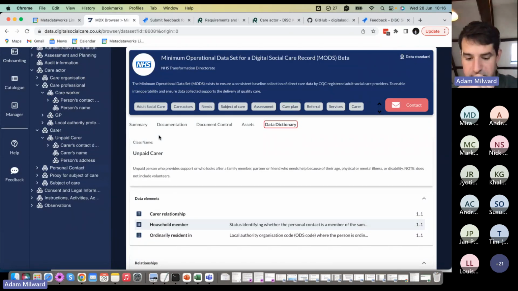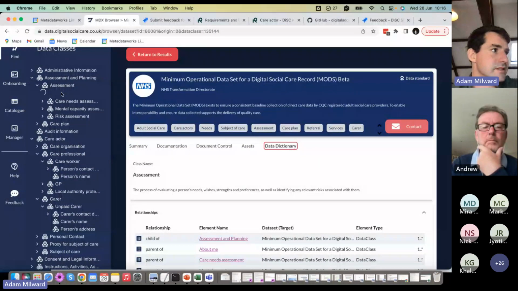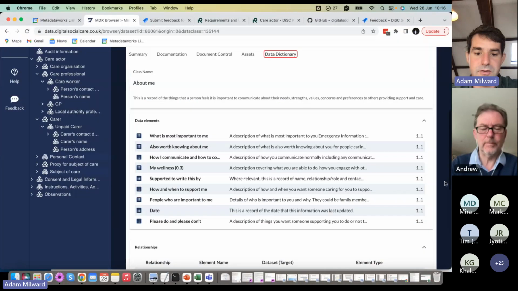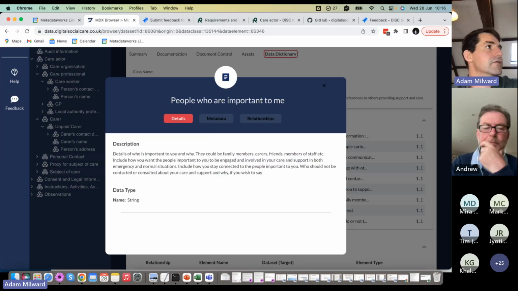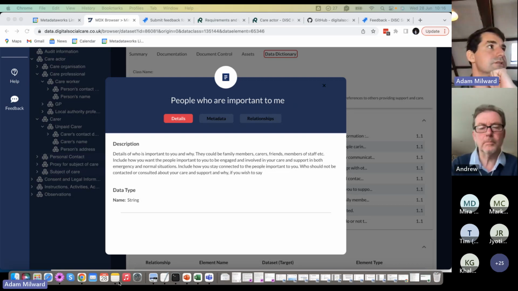We could either put that on the record for the person themselves, or we've also got that information potentially contained within the About Me section: who's important to me, what's important to me, people who are important to me. At the moment this is a high-level narrative of the family members who are important.